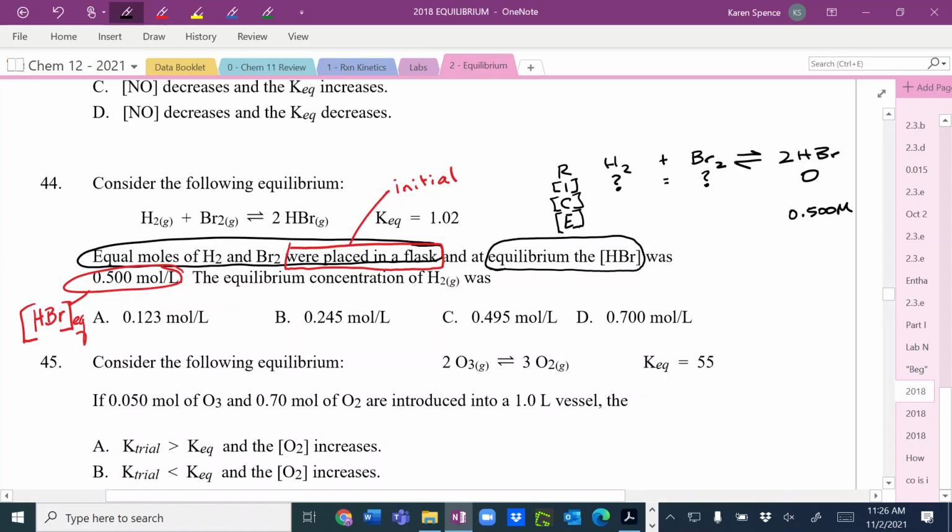Now, these are going to be like minus 0.250, minus 0.250, but to be honest, it doesn't really matter. Let me make this bigger.